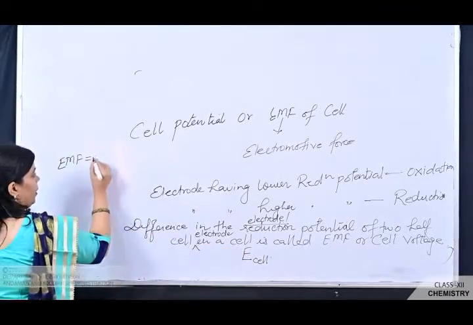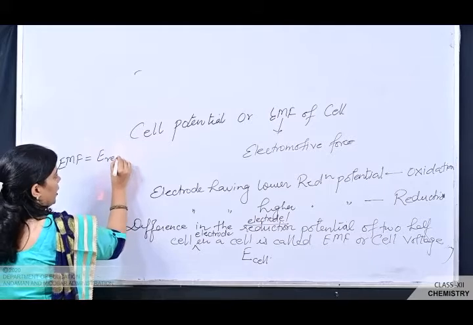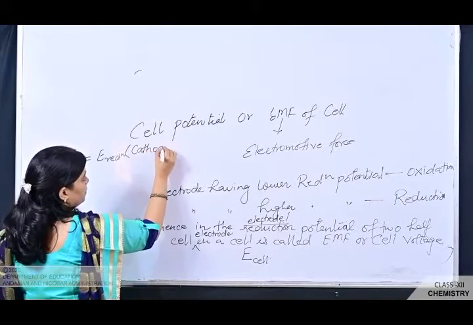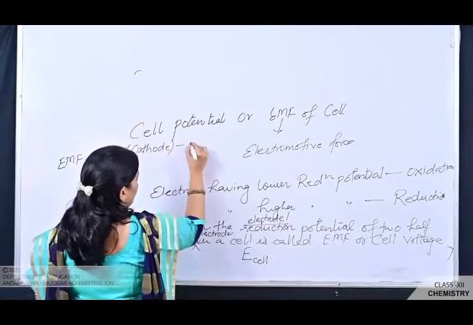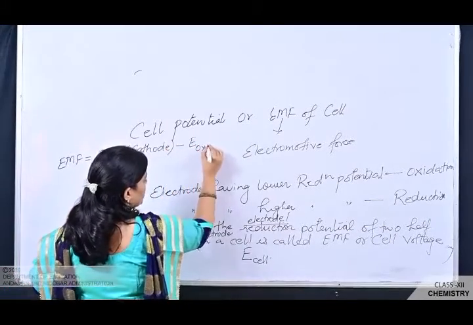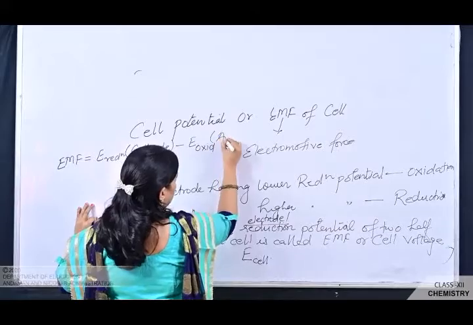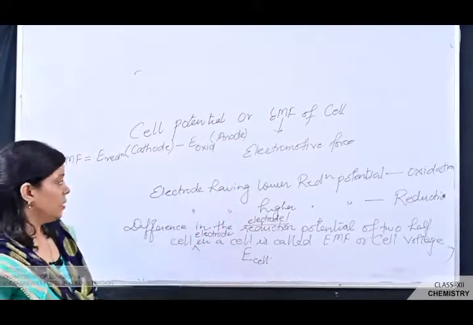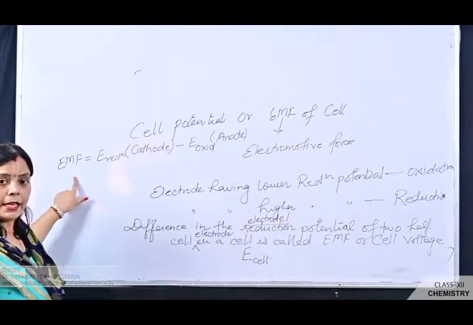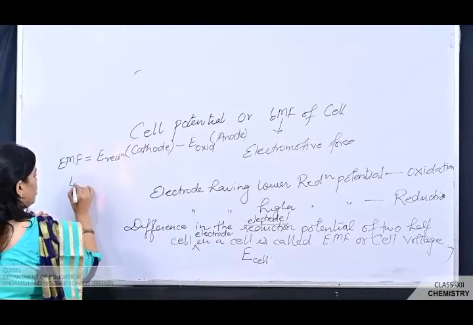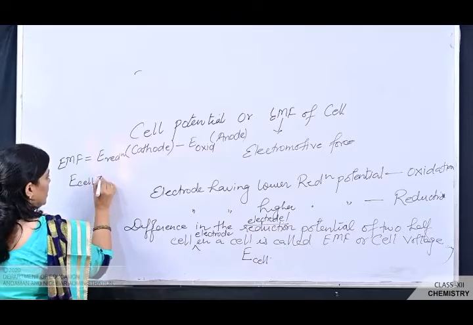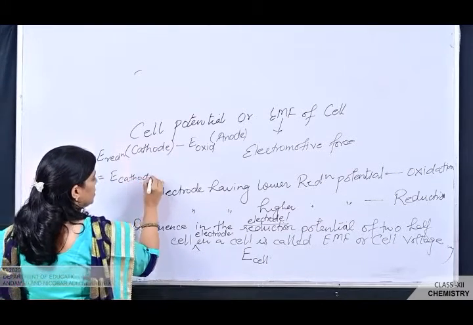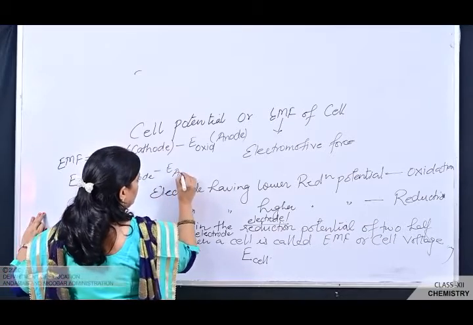That is, EMF is equal to E reduction, and the reduction takes place on the cathode, minus E oxidation, and the oxidation takes place on the anode. So mathematically we can write the EMF, which is also E cell: E cell is equal to E cathode minus E anode.